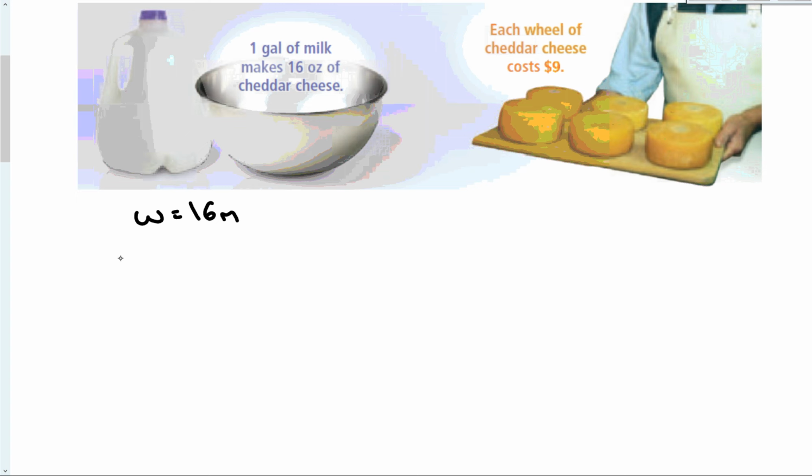So if I want to make a table, my milk is going to be my input, and the amount of cheese I get, the weight of the cheese I get, is going to be my W. So if I have no milk, I'm going to get no cheese. If I have 1 gallon of milk, I'm going to get 16 ounces of cheese. 2, 32, 3, 48, and so on.